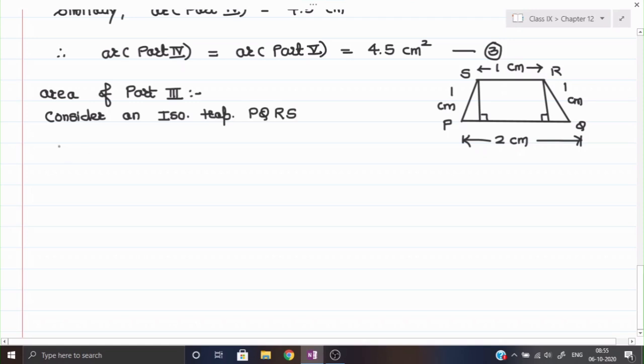Okay, since the names are remaining to give, this point we can give M and this point we can give as N. Here we will say that SM is equal to PN. Why? Because PQRS is an isosceles trapezium.